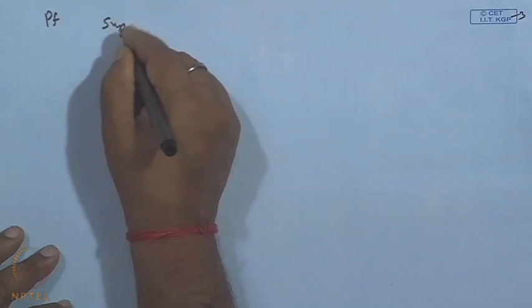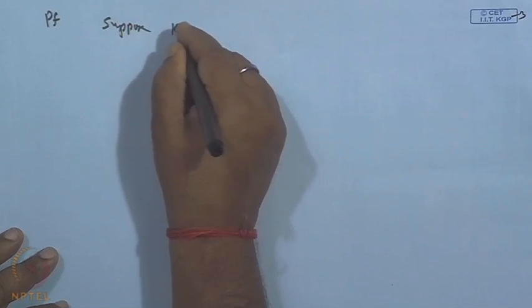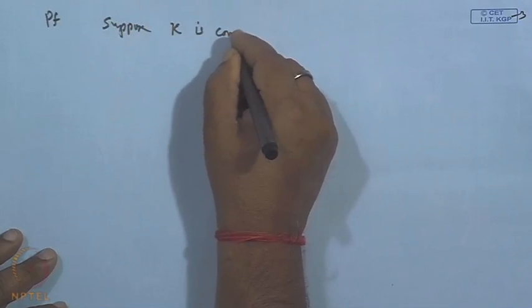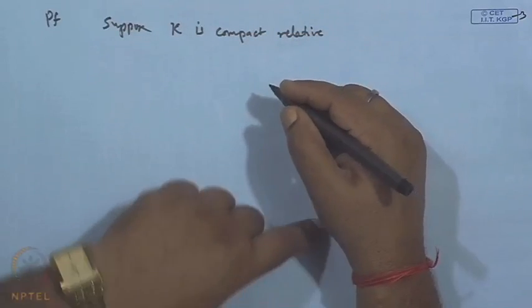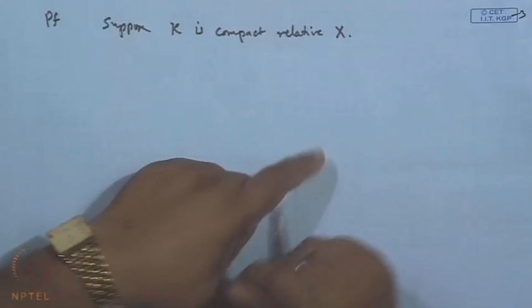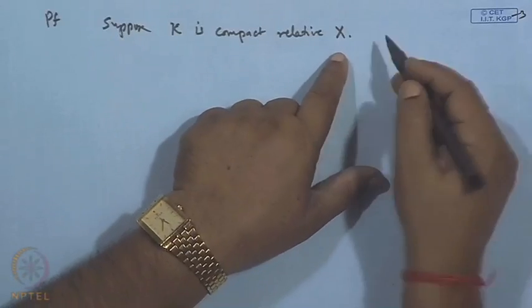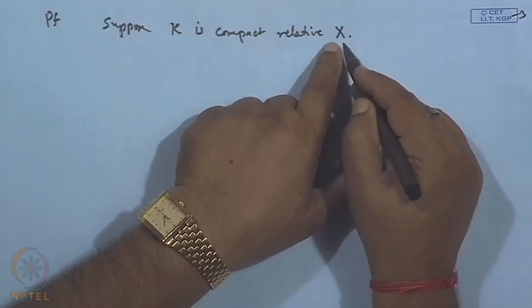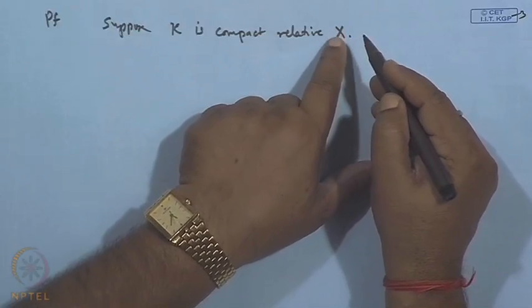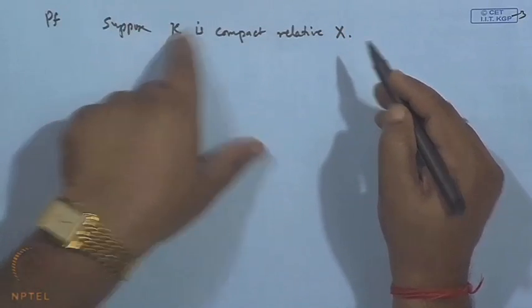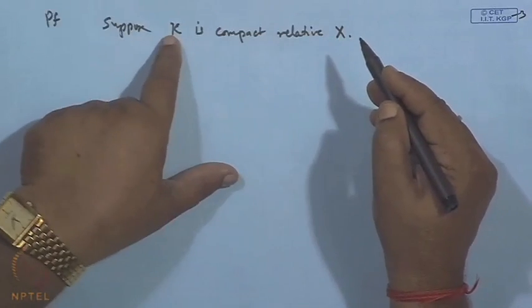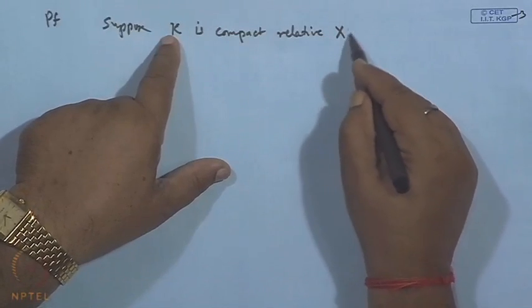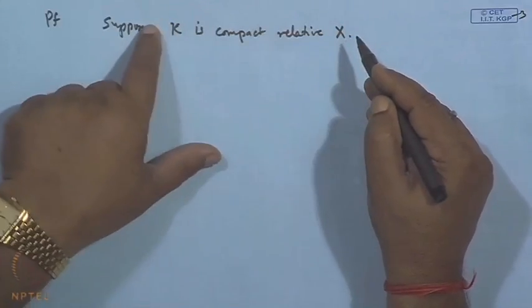So, let us suppose K is compact relative to X. It means, if we choose a collection of open sets relative to X whose union covers K, then there will be a finite collection of those open sets which can cover K. So, every open cover of K in X will have a finite subcover.